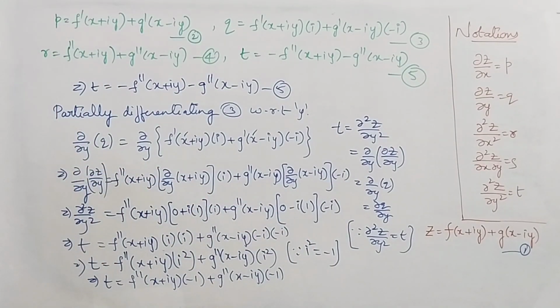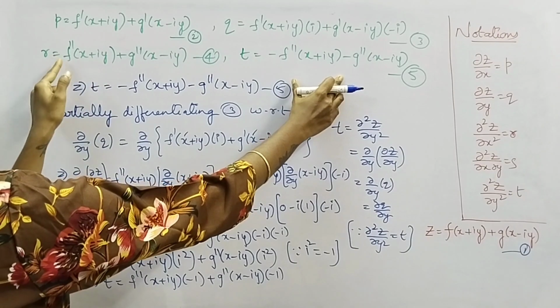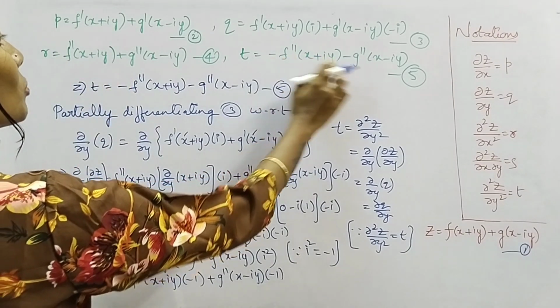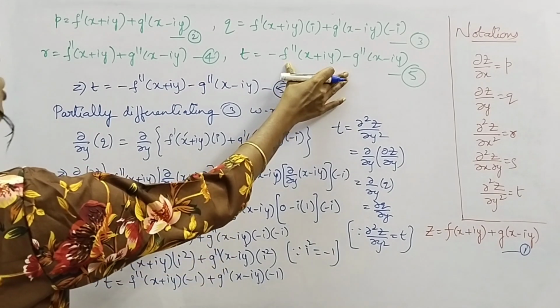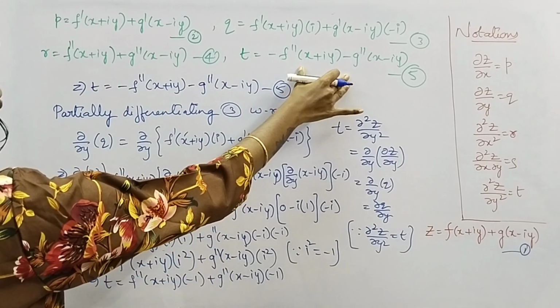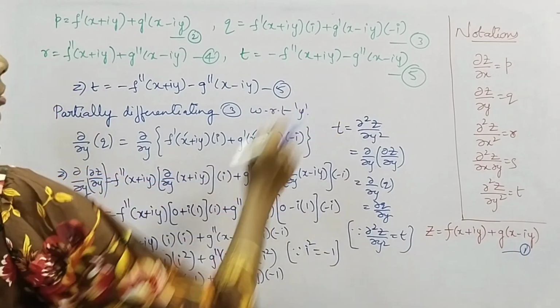Now observe equation 4 and equation 5. Here you are having plus plus, here you are having minus minus, right? So if you take minus common from these two terms, you will get minus of (f double dash plus g double dash), which can be replaced by this r.